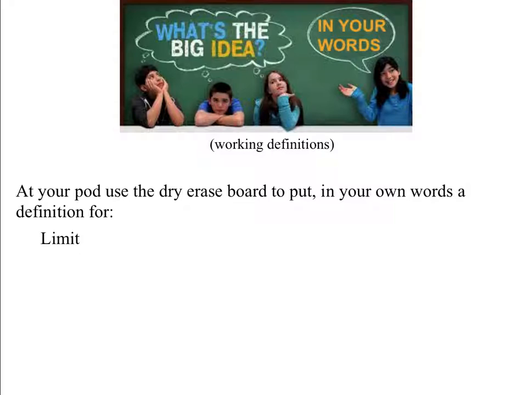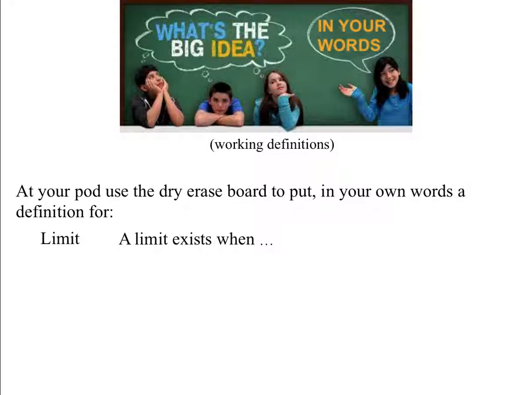It's literally a y value, and it's a way of expressing how the outputs, or the y values, of a function behave as an input, or the x value, approaches some particular value. It's telling you how your function is behaving as you approach some location on the graph.